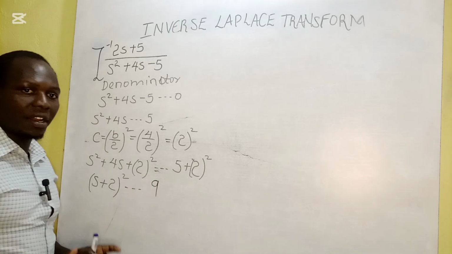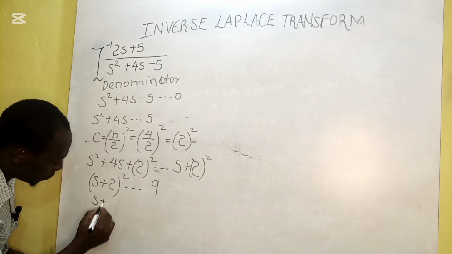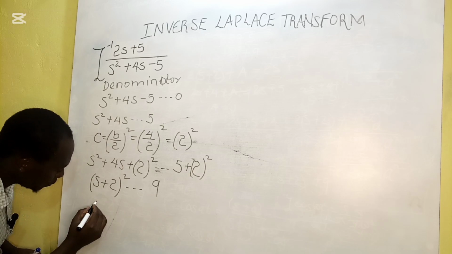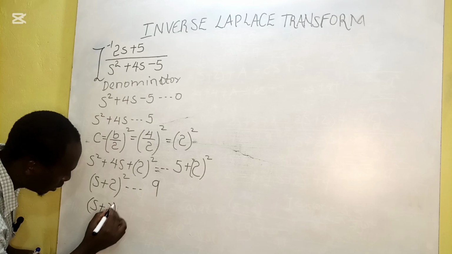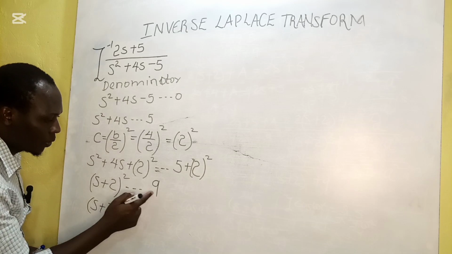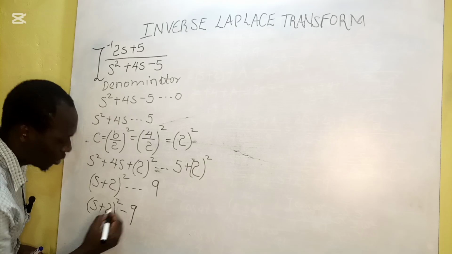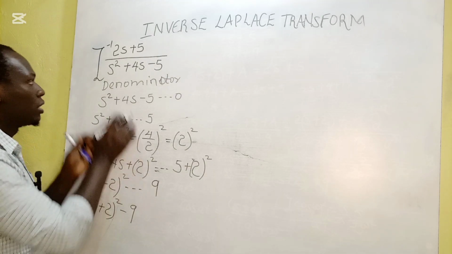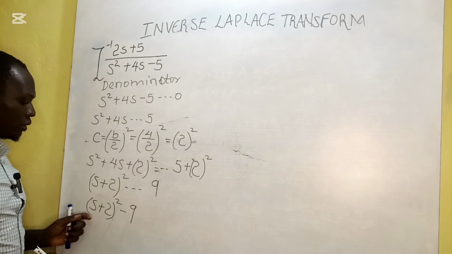To mean that we can rewrite now the whole thing and say that s plus 2, squared, now here we are going to have a negative 9. And this is how you go about simplification of whatever we are having here on the denominator.